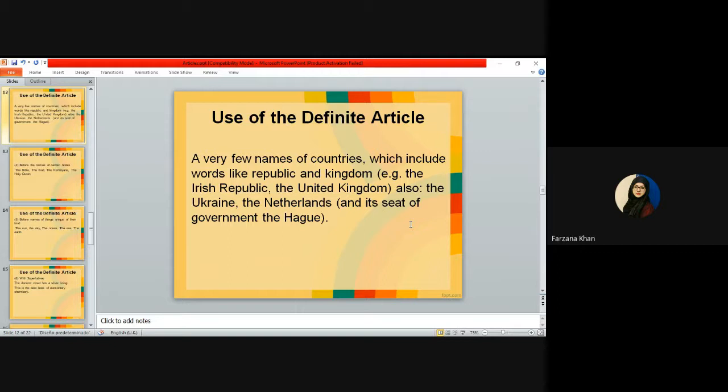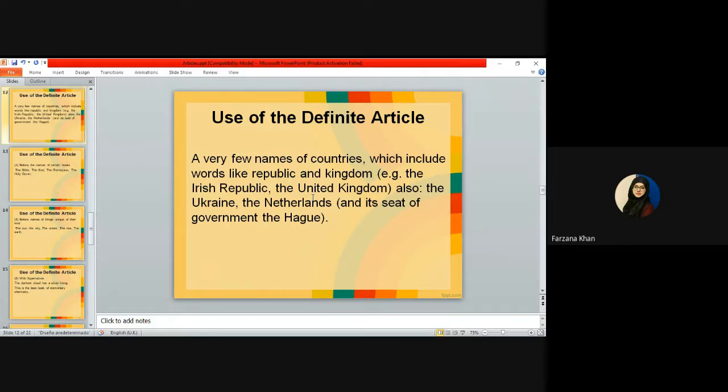But there are some exceptional cases. There are certain names of countries which include words like Republic, Kingdom, and United. The names of countries which include words like Republic, Kingdom, and United always require the definite article.